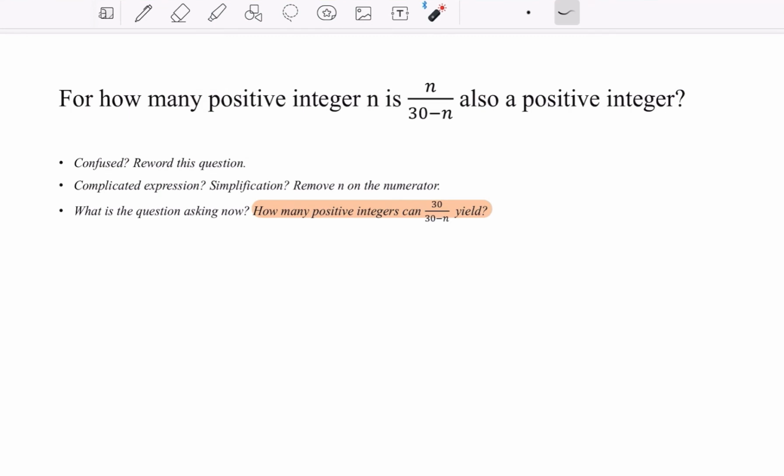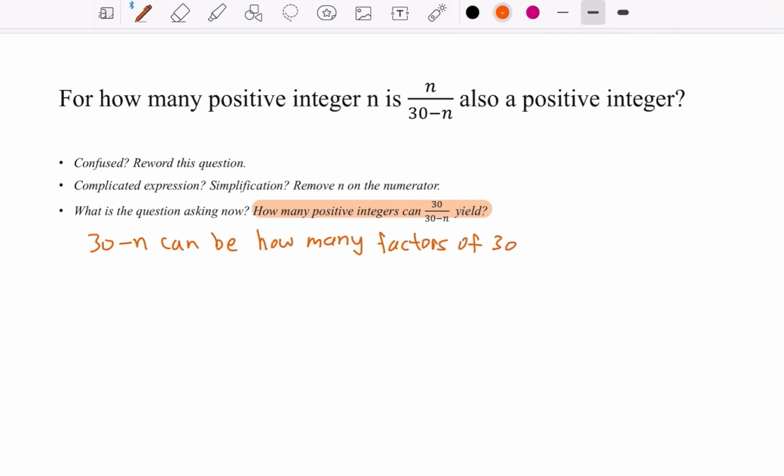Well then, now the question is more simplified into how many factors of 30 can 30 minus n be. Why? Because as long as 30 minus n is a factor of 30, then it's impossible to be a negative integer. Therefore, it will generate a positive integer.